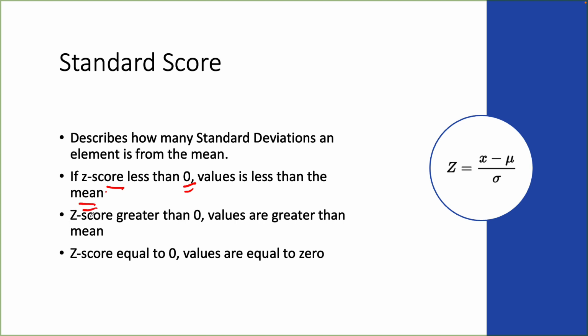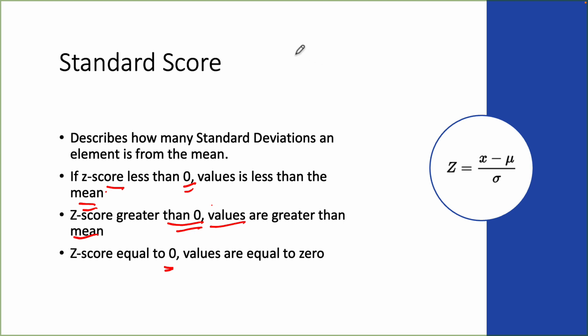If the z score is greater than 0, then the value is greater than the mean.